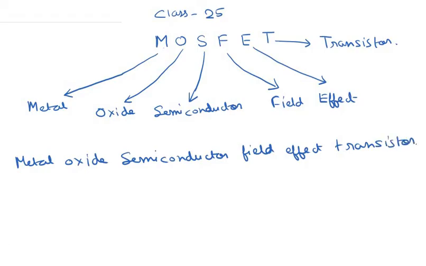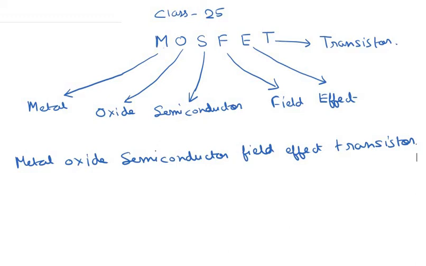Okay. As we discussed earlier, the function of a transistor is basically to control the current between two terminals with the help of the voltage or current applied to the third terminal.